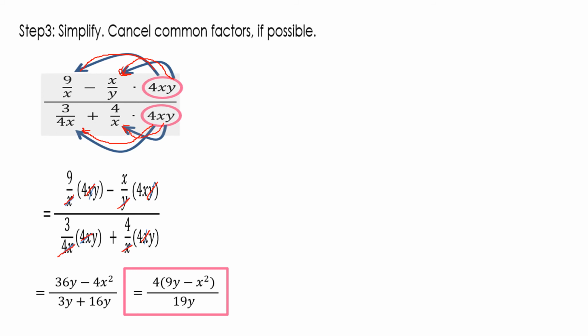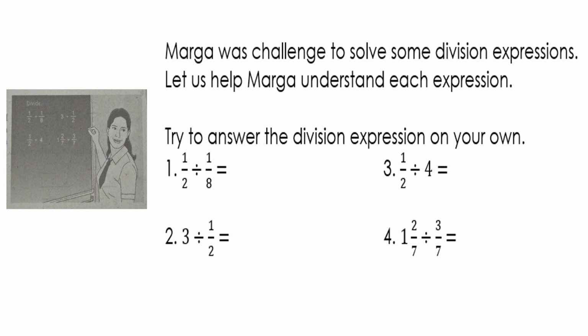Next, we have here 3 times y, that is 3y, plus 4 times 4y, so we have here 16y, or simplifying, since they have a common 4, we factor out 4, so we have now 9y minus x squared all over 19y. Okay, so now let's go back to our exercise problem from earlier.